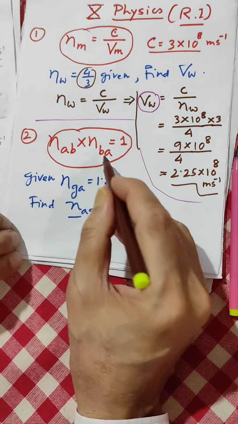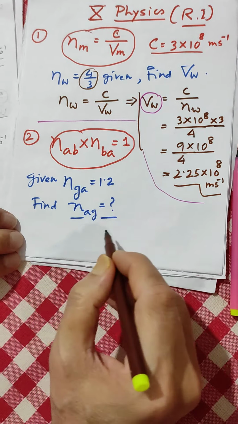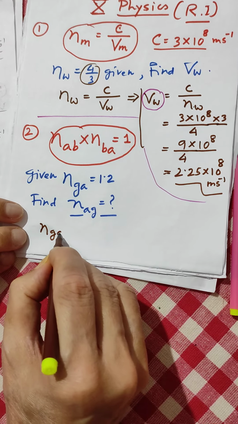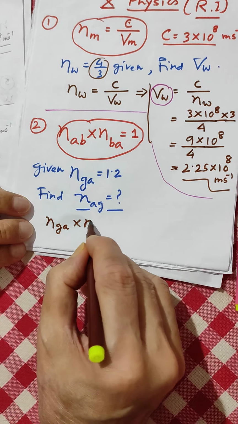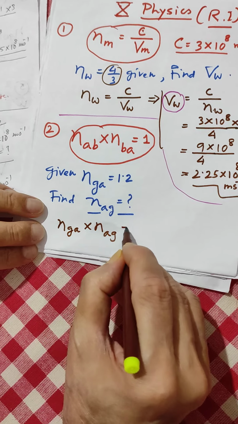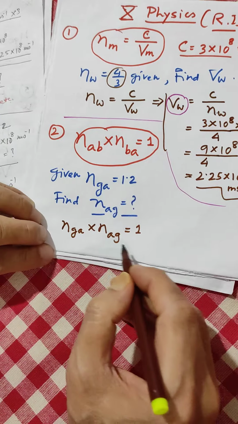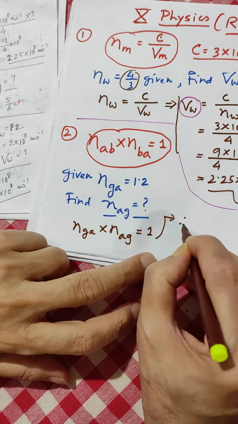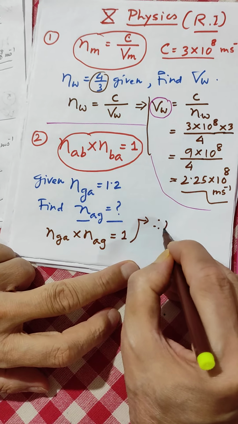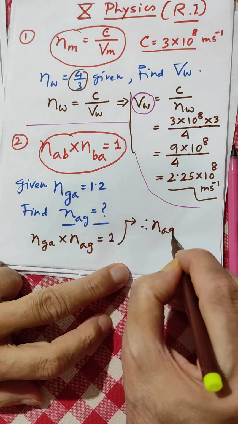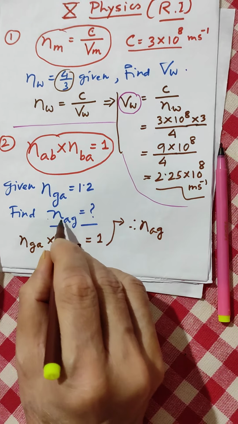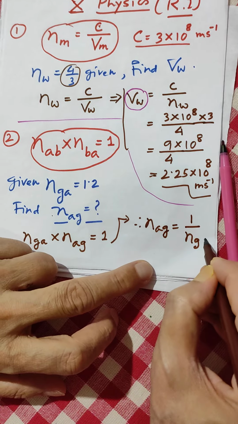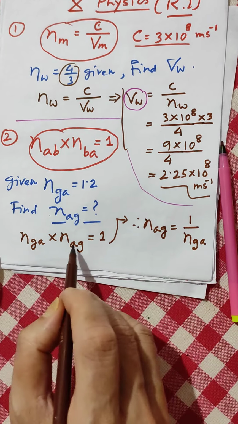So use this formula. You see, the product of these two equals 1. According to this formula, refractive index of glass with respect to air into refractive index of air with respect to glass equals 1. Therefore, the refractive index of A with respect to glass, that is what we need to find out, is equal to 1 upon the refractive index of glass with respect to A, because their product is 1.